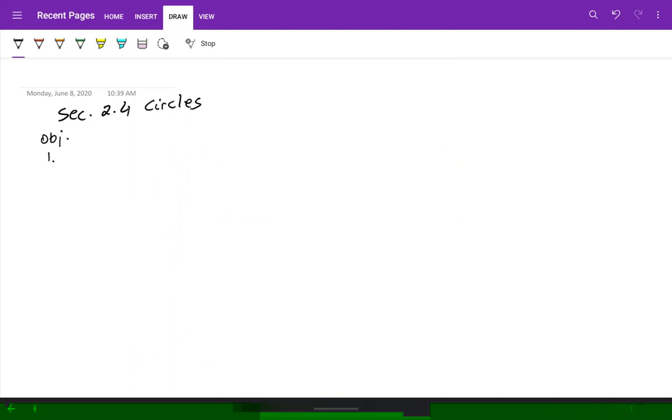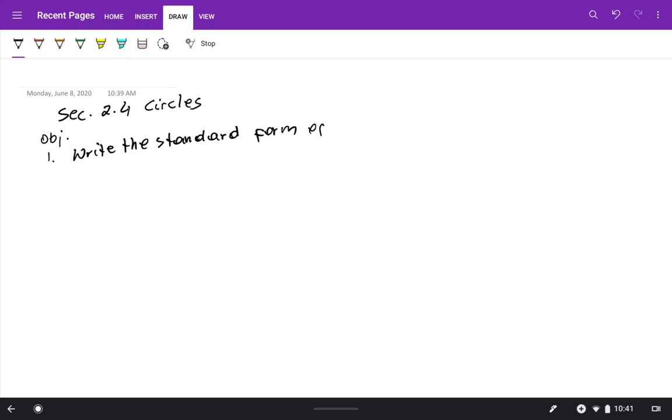Objective one will be write the standard form of equation of a circle. The second objective is graph a circle.